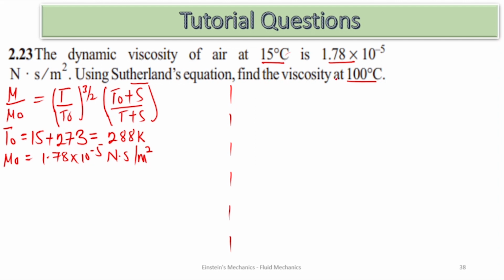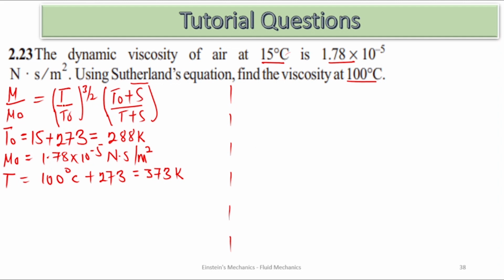Using Sutherland's equation, find the viscosity at 100 degrees Celsius, which is our T. So our T is given as 100 degrees Celsius, but to Kelvin, plus 273, that gives us 373 Kelvin. Okay, so in Sutherland's equation, the S is a constant for every gas.